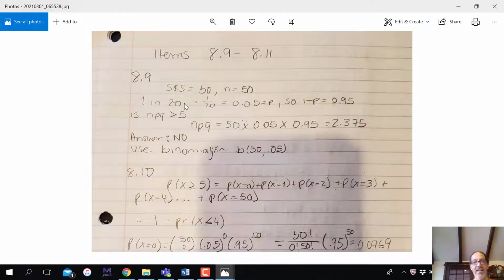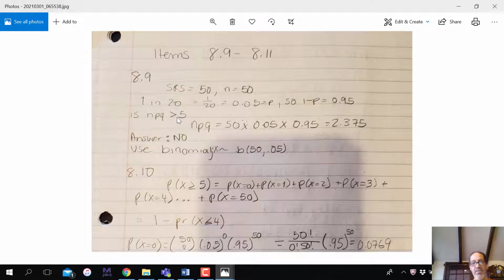Sometimes you have to understand probabilities and the language used with probabilities to make this calculation. So 1 in 20 is 1 divided by 20, which gives us 0.05, which is our p, our probability of success. 1 minus p, sometimes referred to as q, is 0.95, because 1 minus 0.05 is 0.95.